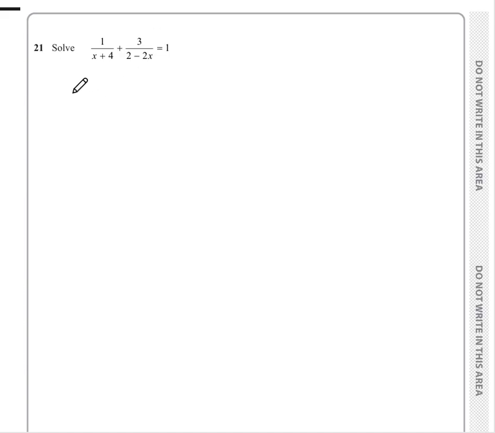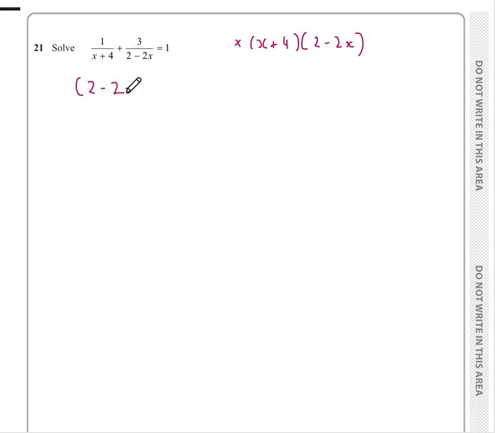Question 21. Solve this equation. For my first step, I want to get rid of these two denominators. So I'm going to multiply the whole thing by x plus 4 and 2 minus 2x. For my first term, my x plus 4 is going to cancel.